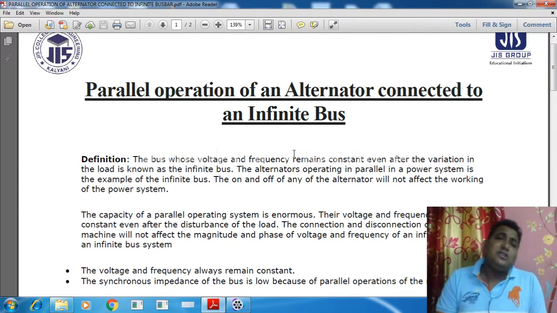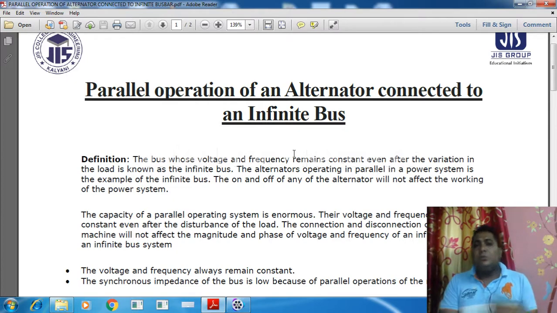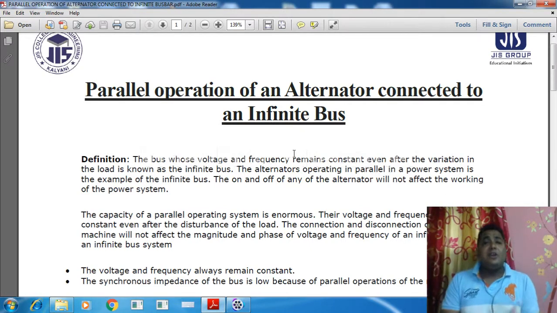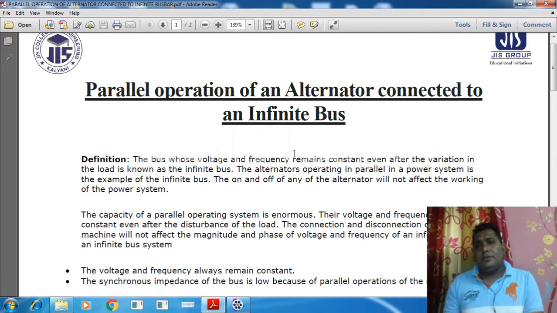If it is not synchronized, then the parallel operation is not done. So for parallel operation of alternators, to meet the load demand, we have to check whether all the alternators have the same frequency. If they all have the same frequency, then only can we synchronize all the alternators together to meet the load demand.